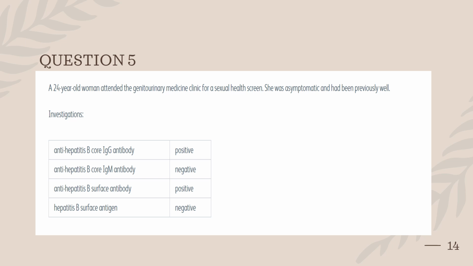So the body has produced antibody against a core antigen. That means the person has previously been infected. She has been cured of the infection because there is antibody, and that is also IgG. So it's a long gone story. So that means it's a past infection.